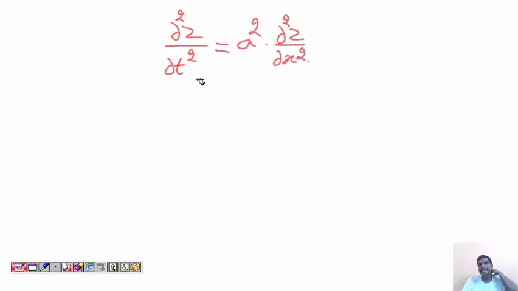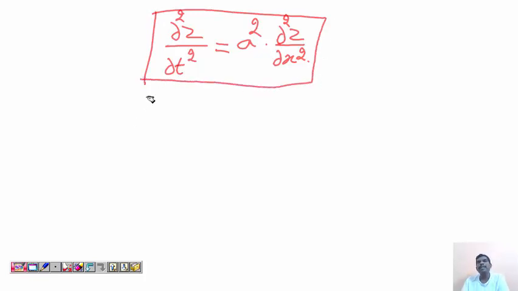In terms of p, q, r, s, t also you can represent it. Don't confuse with the t here, because already the independent variable t is there, therefore you keep it as it is. This is one of the important equations. It's the partial differential equation of the given function.